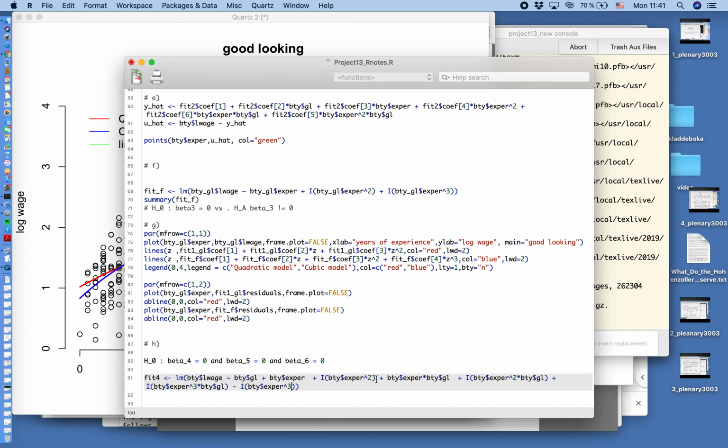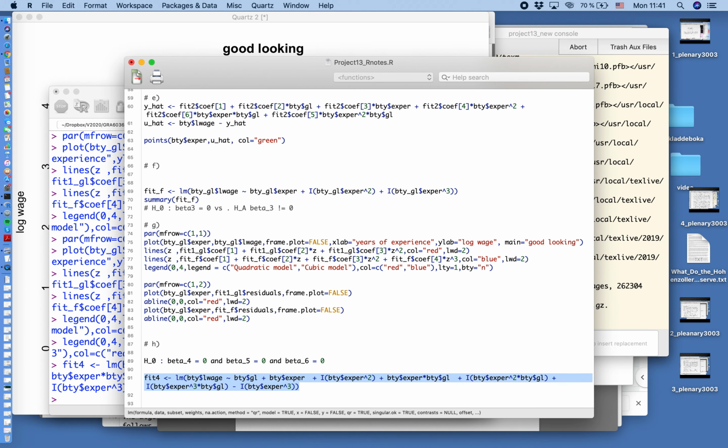So if you do not include it, the lm function will just add it, supposing that you forgot about this term. So we have to say explicitly to R that we do not want this term, by subtracting it. That's the syntax for it. Okay, so let's fit this model and do summary.